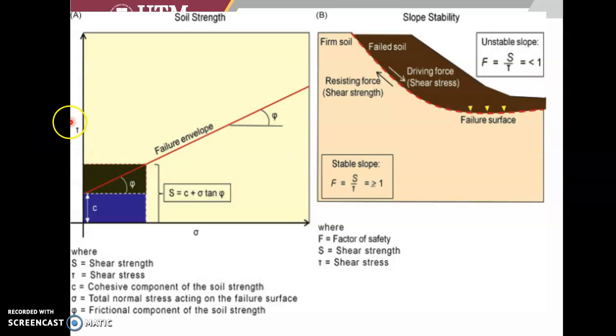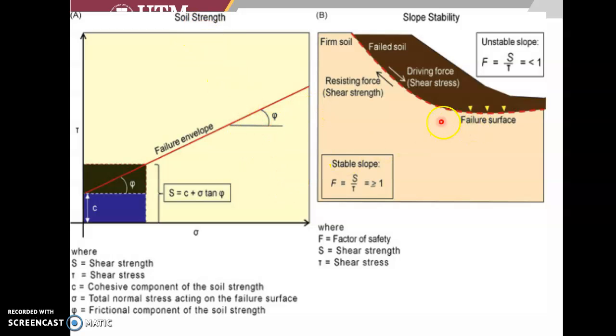So tau, shear strength from soil mechanics. Last chapter in soil mechanics, tau versus normal stress. We get the cohesion parameter of soil and also the internal friction angle, another parameter of soil. And those two main parameters are very important in the shear strength.